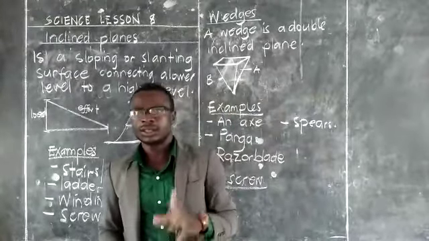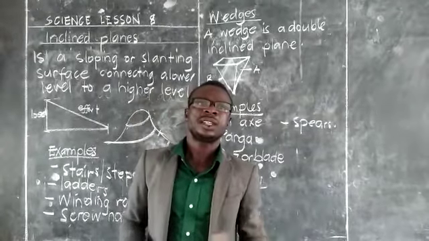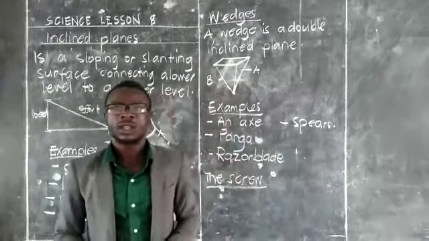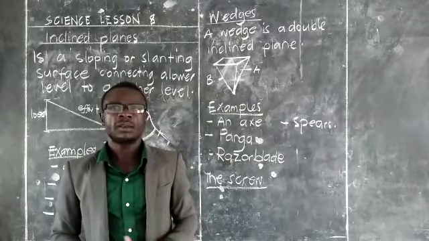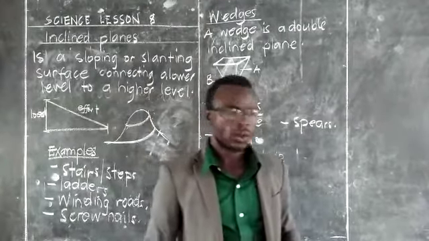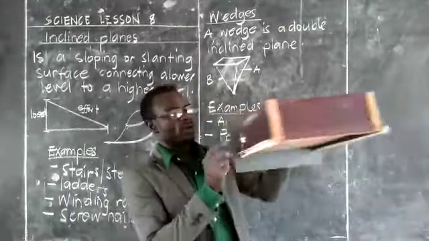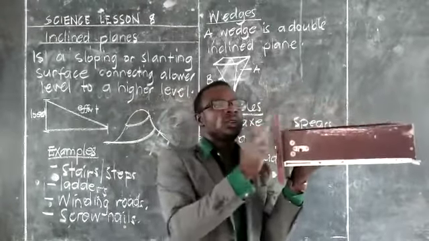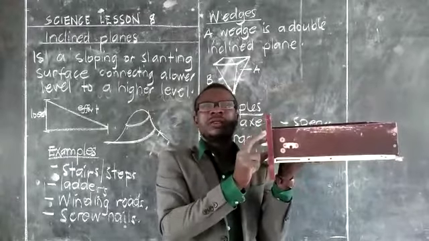The screw is another simple machine which is used in our everyday life. Screws are used to fix metals or wooden materials firmly. Like these two different pieces of wood, they have been joined together.